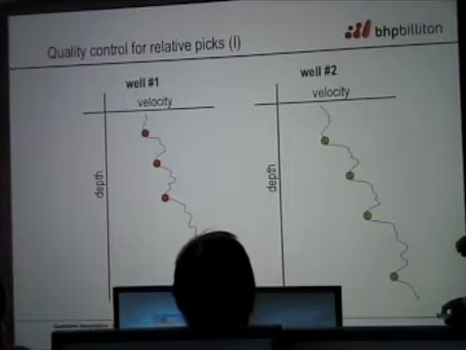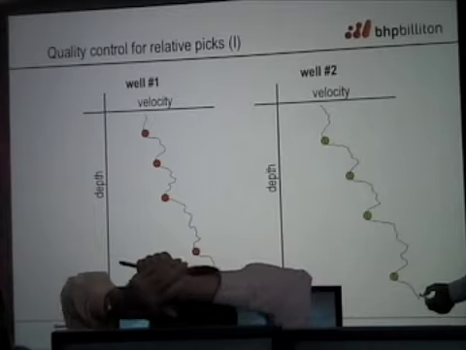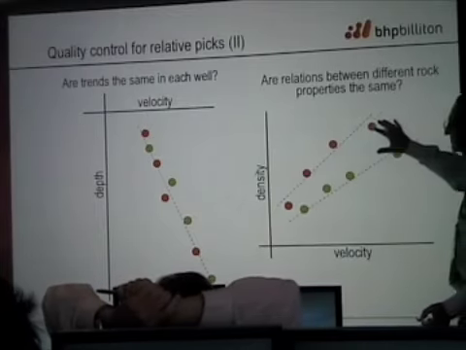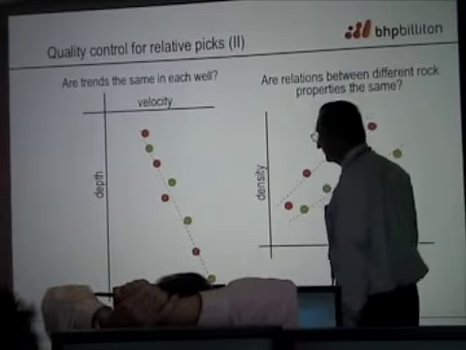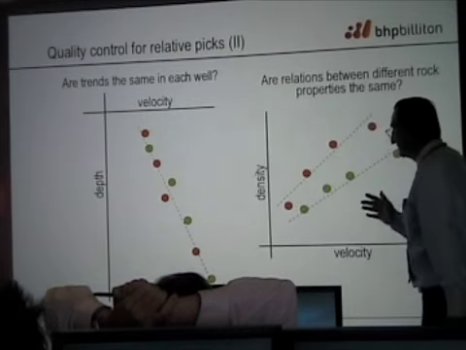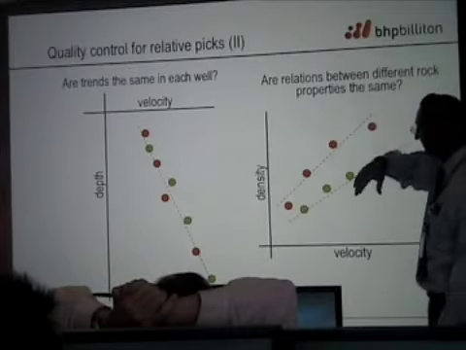So here's quality control for relative peaks. I have two wells. I want to compare, are these trends the same in each? You can overlay them. This is tough. It's hard to think of cases that will do this, but they exist. We just talked about one, the Cascade Chinook kind of thing.